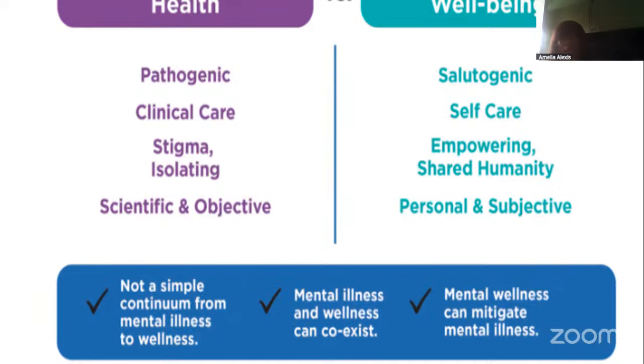we know that there are persons who may have a mental illness, for example depression, but they are living a fulsome life. They are surrounded by people who love them, people whom they love, positive relationships.